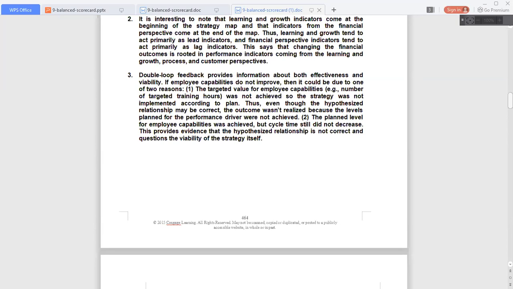Thus, even though the hypothesized relationship may be correct, the outcome wasn't realized because the levels planned for the performance driver were not achieved. Number 2, the planned level for employee capabilities was achieved, but cycle time did not decrease. This provides evidence that the hypothesized relationship is not correct and questions the viability of the strategy itself.